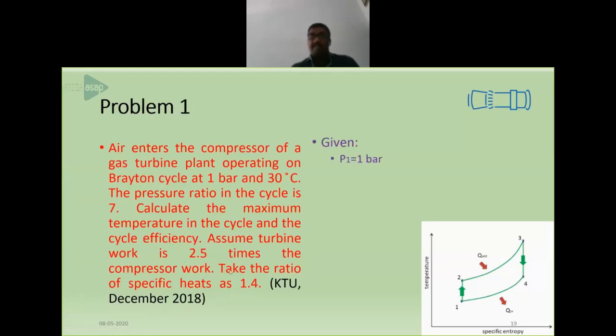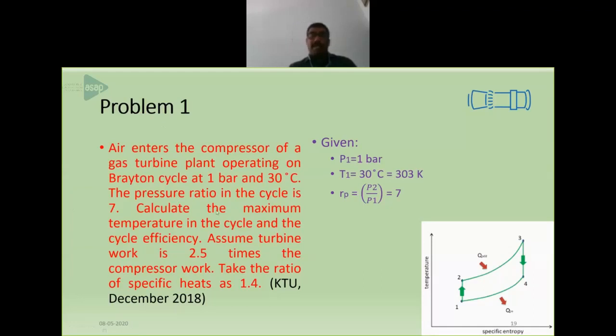So what are the things given in this question? Air enters the compressor of a gas turbine plant operating on the Brayton cycle at 1 bar. The initial temperature is 30 degrees Celsius, or 303 Kelvin. The pressure ratio is given, that is RP, P2 by P1, equal to 7.